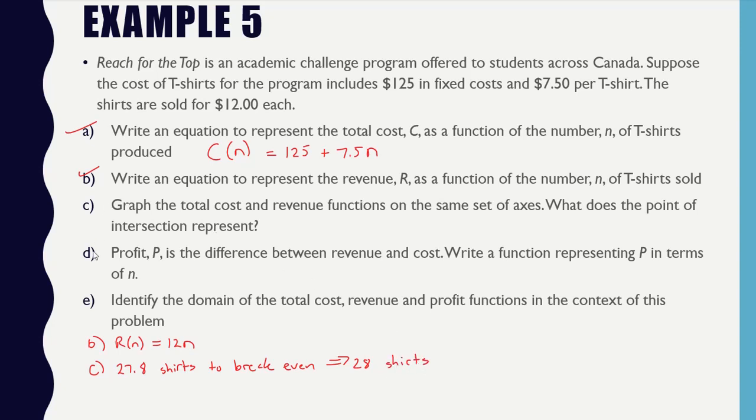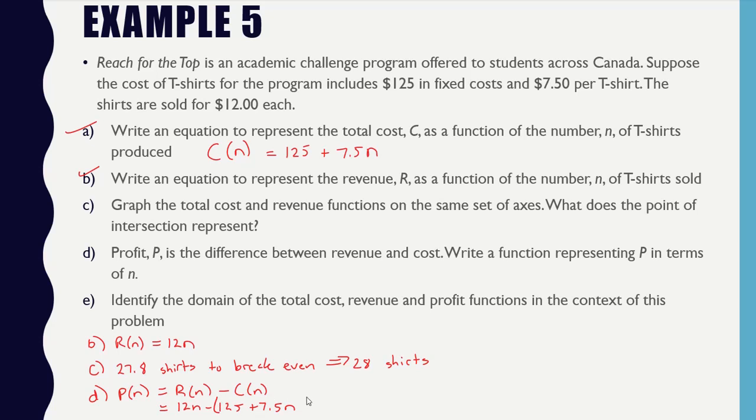So speaking of money then, D, profit P is the difference between the revenue and the cost. Write a function representing P in terms of N. Now this is where we're going to start using our function notation, because our profit, based on the number of shirts we have, is actually our revenue, so R of N, minus our costs, in this case C of N. Now we can do that substitution, so R of N is 12N, and C of N is 125 plus 7.5N.